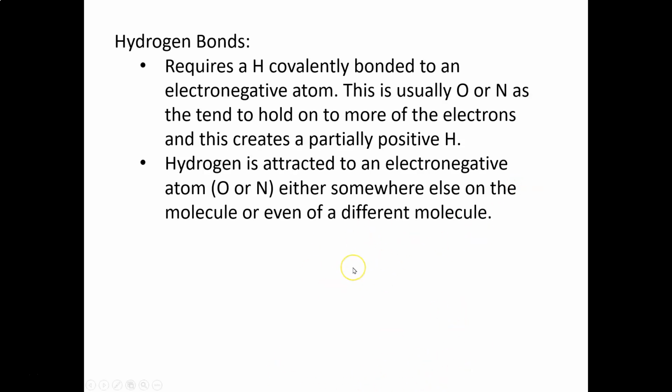Because they hold on to their electrons a little more, due to that high electronegativity, we get a charge distribution within the atom where the electronegative portion, the oxygen or nitrogen, has more of the electron around it, so it's slightly negative, while the hydrogen has less and is slightly positive.